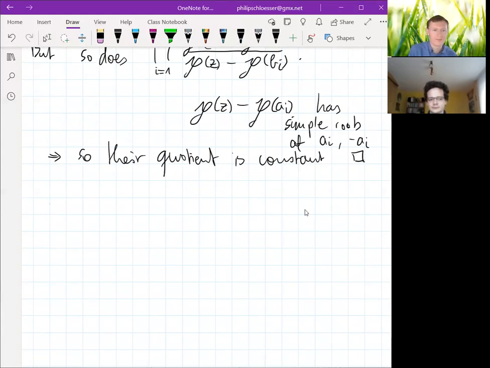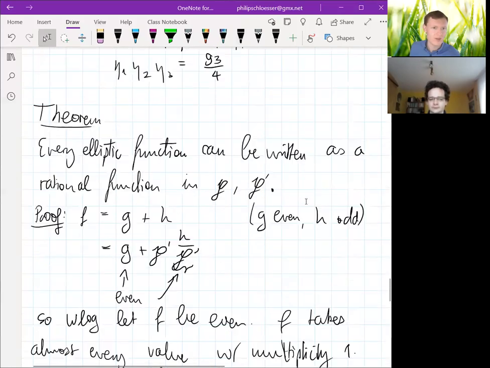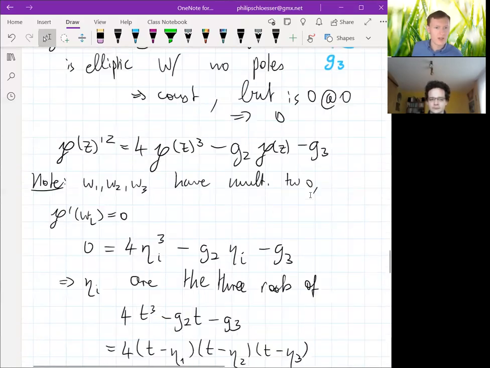Well, we know that every elliptic function can be expressed as a rational function in terms of p and p prime. But note that p and p prime are not completely independent from each other, because we have this differential equation up here.